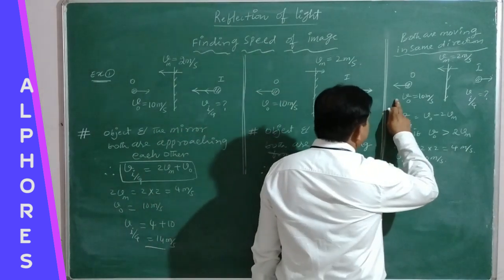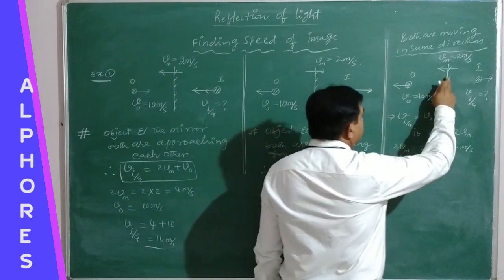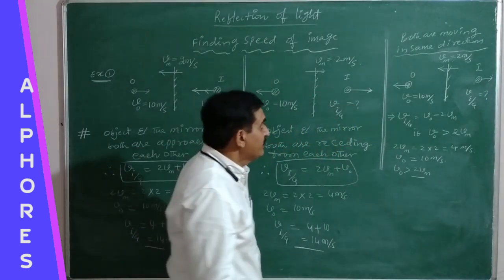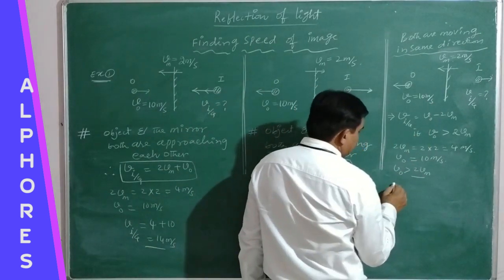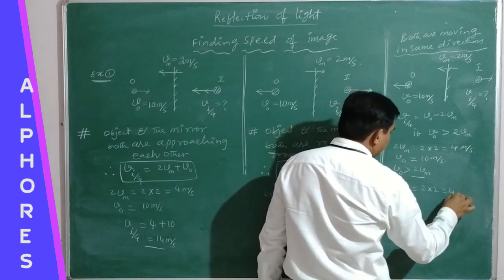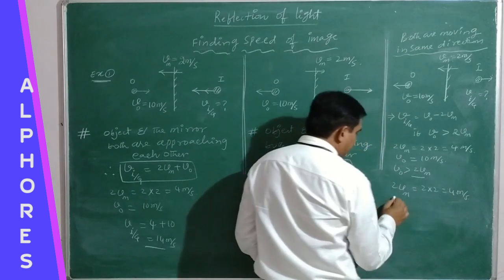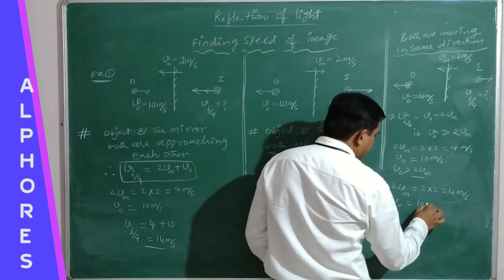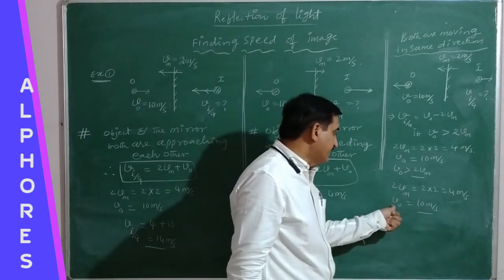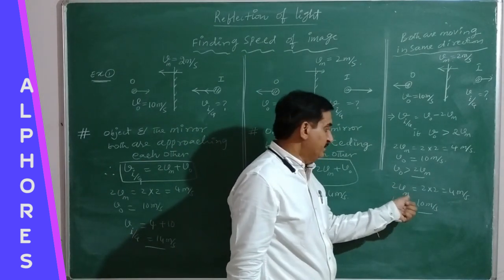So here also 10 meter per second is the speed of the object, and the speed of the mirror is 2 meter per second. In this case 2Vm is calculated, that is 2 into 2, which gives 4 meter per second, and V0 is how much? 10 meter per second. See here, which is greater? V0 is greater when compared to 2Vm.